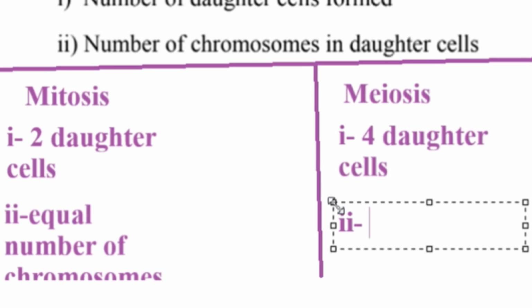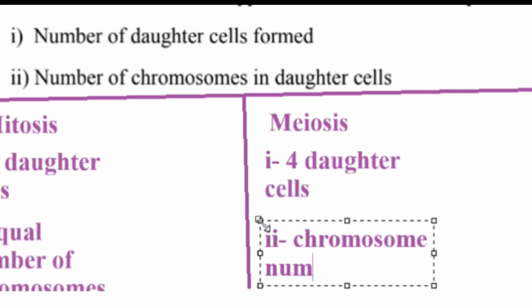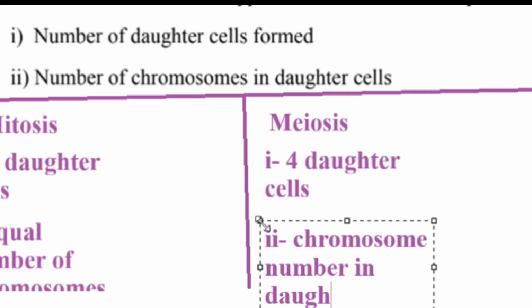So there will be only half the number of chromosomes in the daughter cells than that of the mother cells. So we can write chromosome number in daughter cells will be reduced to half.